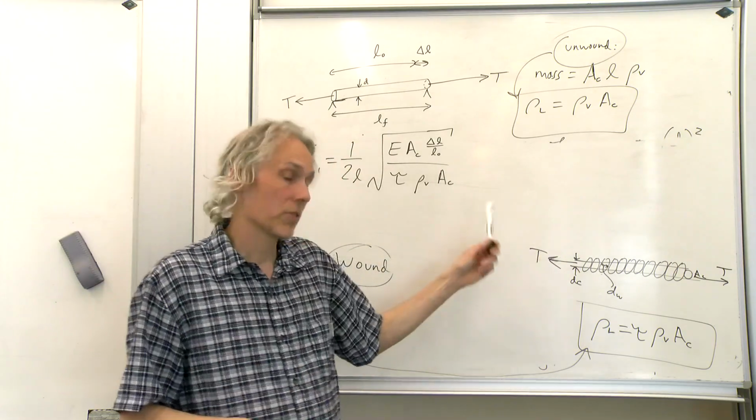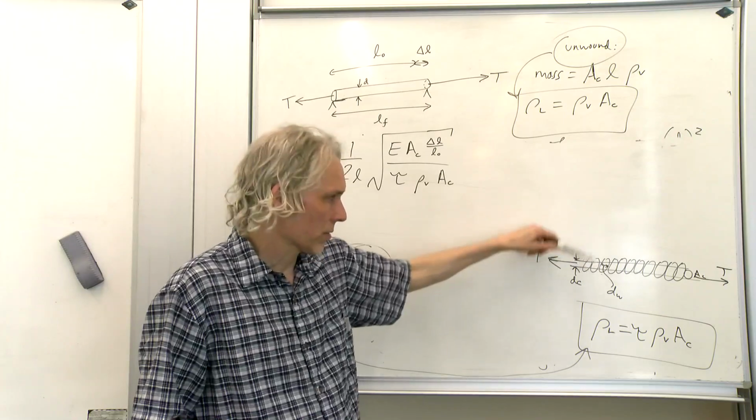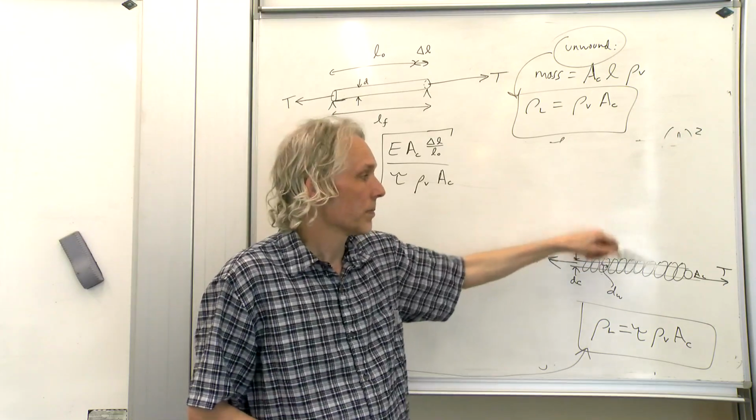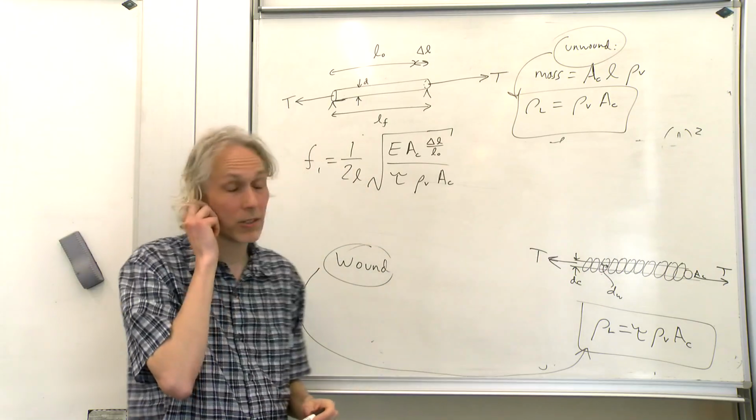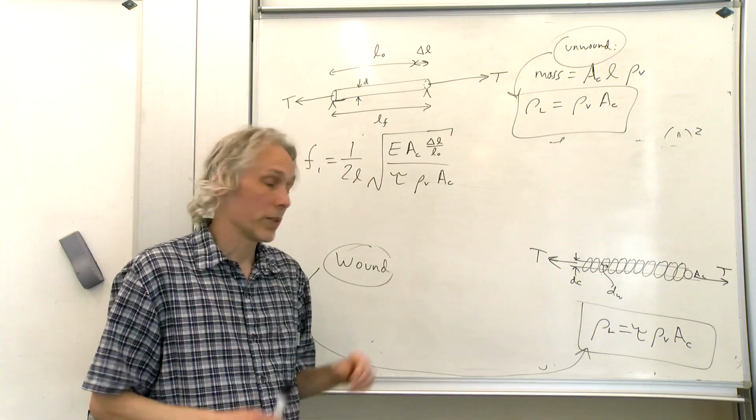So geometrically, the winding going round the corners means that it carries negligible tension when you stretch the thing.